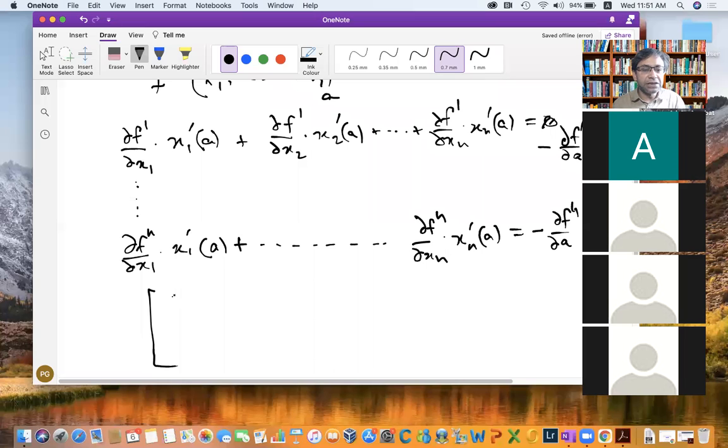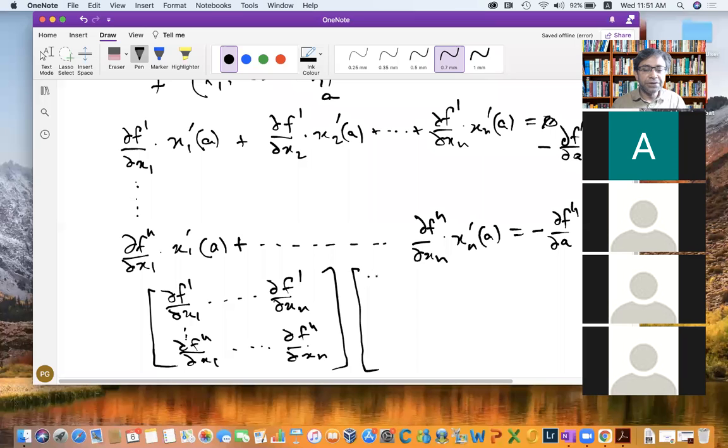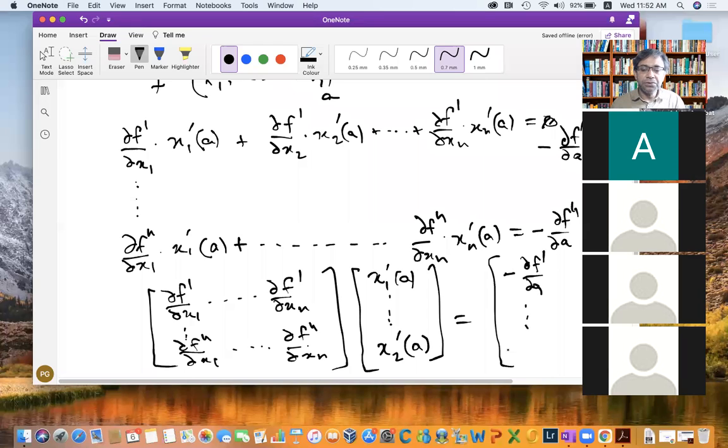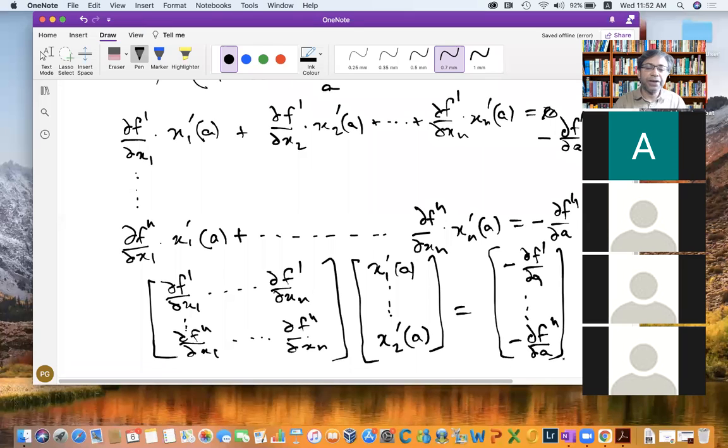So the above set of equations is equivalent to the matrix of del f1 del x1 through del fn del xn, multiplied by the vector of the derivatives we are interested in, equals this vector, minus del f1 del a all the way down to minus del fn del a. So this is just rewritten.